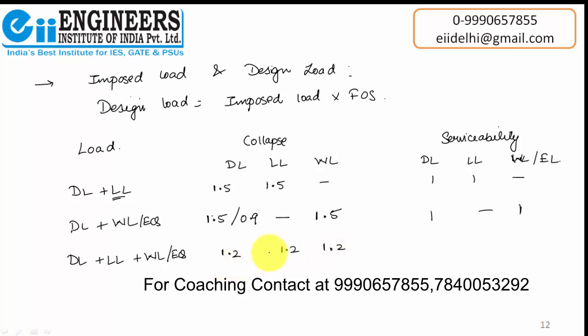When I am writing this 1.2, that means, for example, I have a dead load of 100 kilonewton, live load of 50 kilonewton and earthquake load of 20 kilonewton, then my design load will be 1.2 times 100 plus 1.2 times 50 plus 1.2 times 20. It means we have to multiply this factor into dead load, this factor into wind load, these factors into live load.